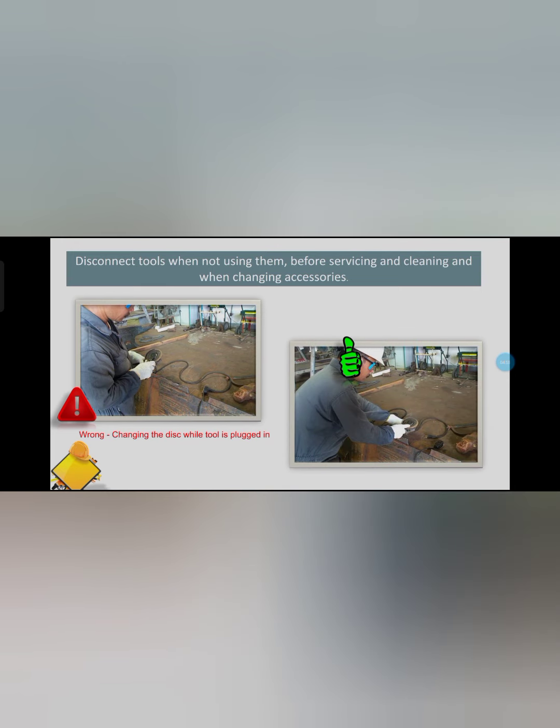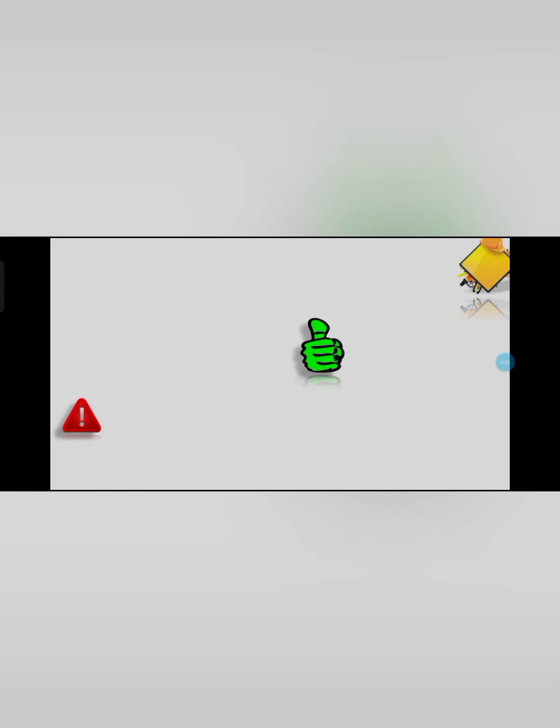In our next pictures, he follows the safety precautions: disconnect when you are going to clean or change accessories on a power tool like an angle grinder. Take note: unplug the tool first before changing accessories.